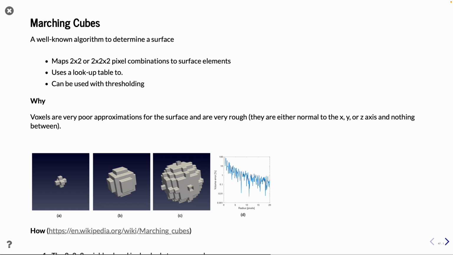Then you let this cube march around. Sometimes you are within the object and you don't do anything. If you are at the edge, then all of a sudden, say that one got lost, you do a certain triangle. If the other one got lost, you do a different triangle. And this is how this algorithm works.